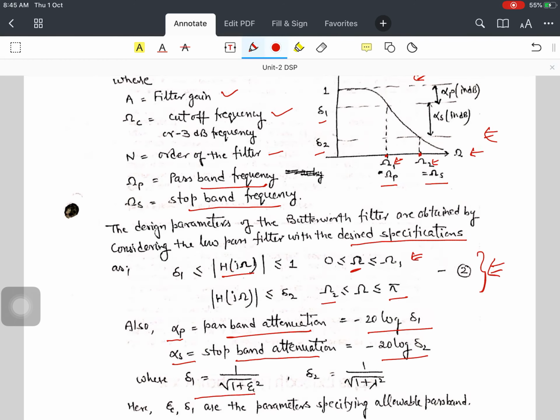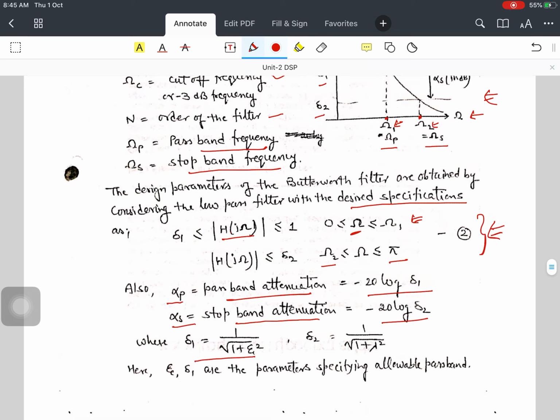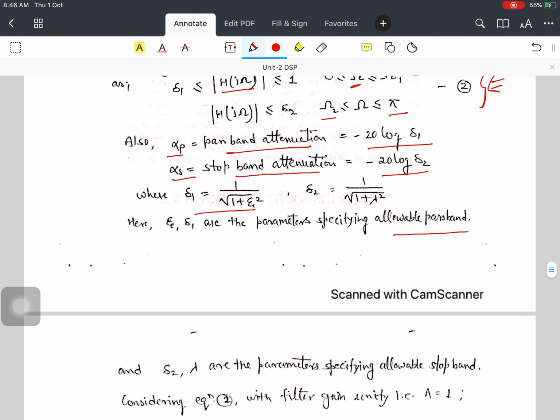Here xi and delta 1 are the parameters that specify the pass band, and del 2 and lambda specify the stop band. You can see these two are used for the pass band and these two are used for the stop band.